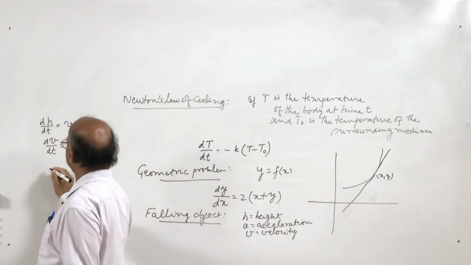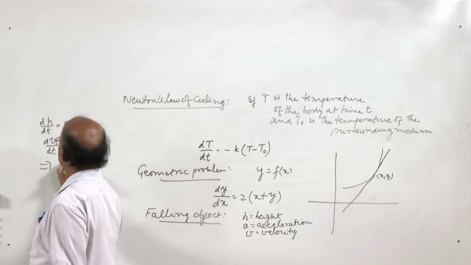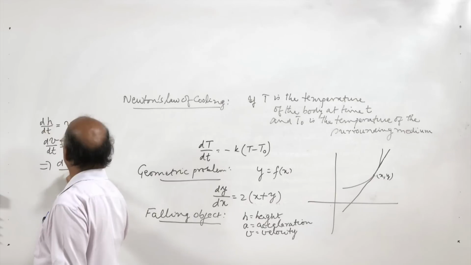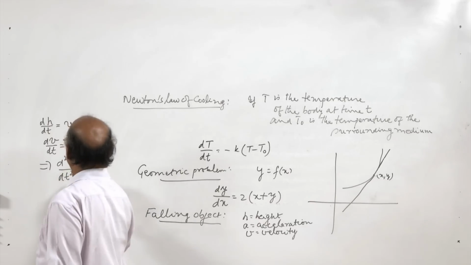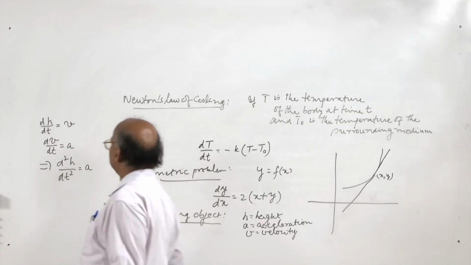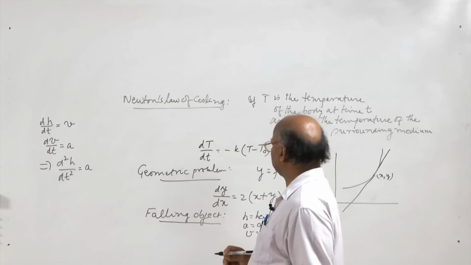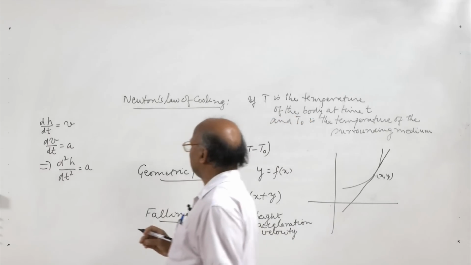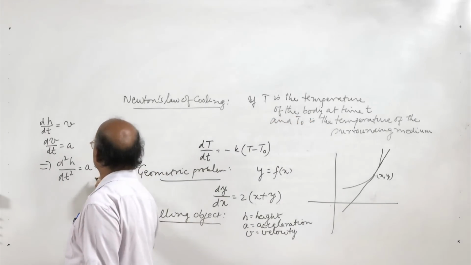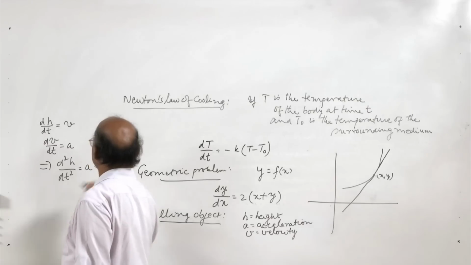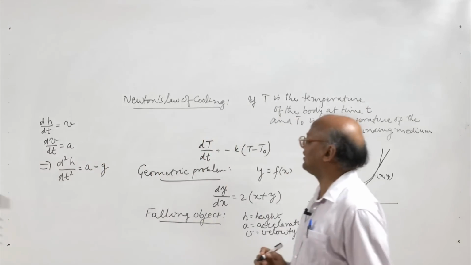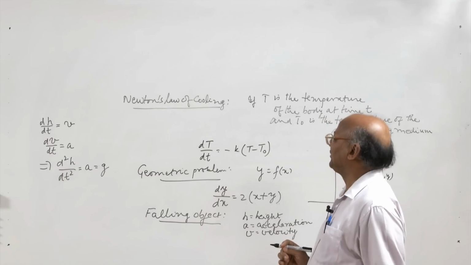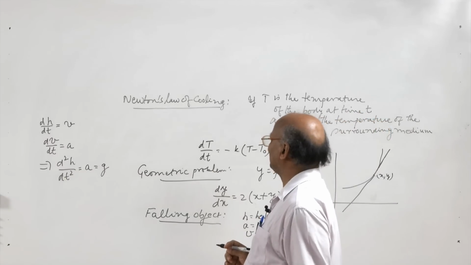From here we get d²h/dt² = a. In the case of a body falling from a certain height, a is equal to the acceleration due to gravity, so we can put it equal to g. This gives us a second order differential equation, d²h/dt² = g.